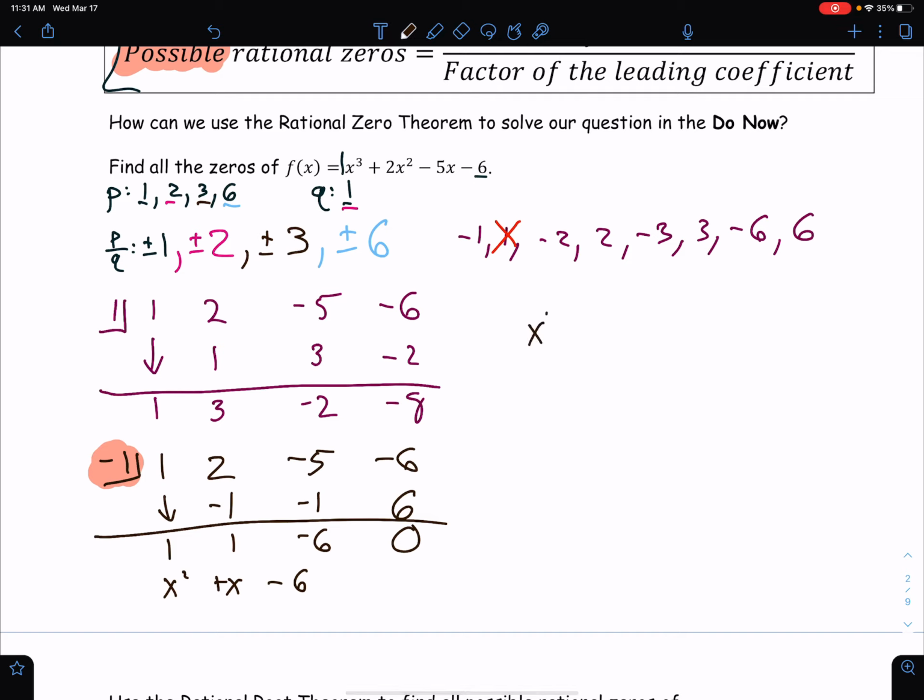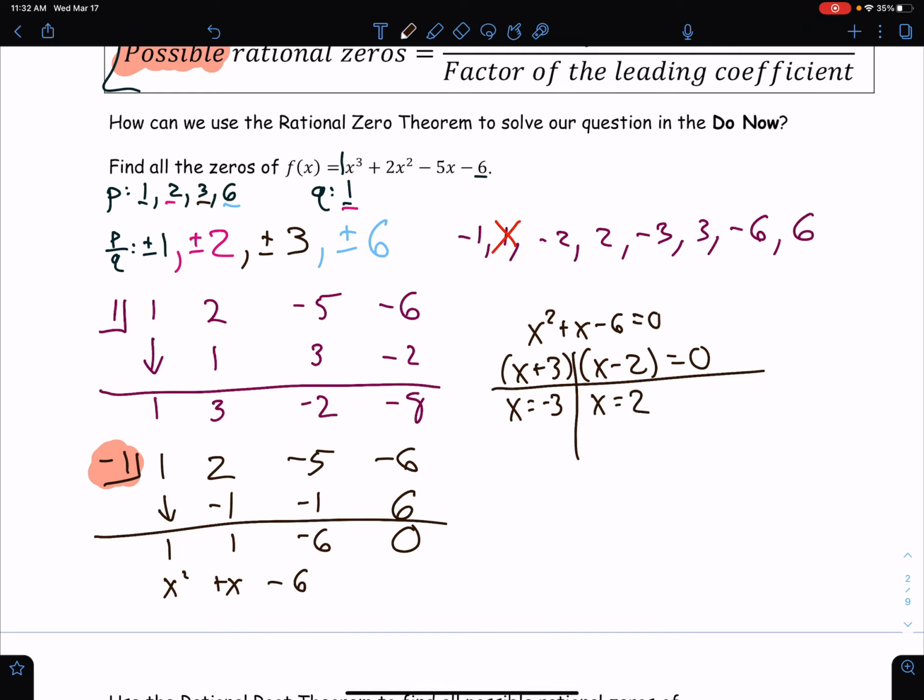So that'd be x squared plus x minus 6 equals 0. It's factorable. That would be x plus 3 times x minus 2 equals 0. T-chart, you should get x is equal to negative 3 and x is equal to 2. So my answers would be negative 3, negative 1, and 2.